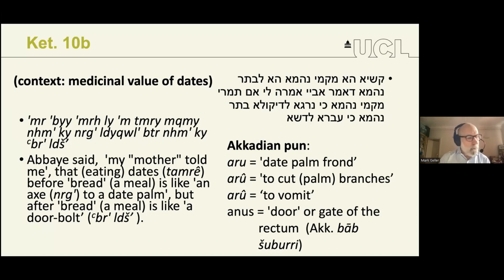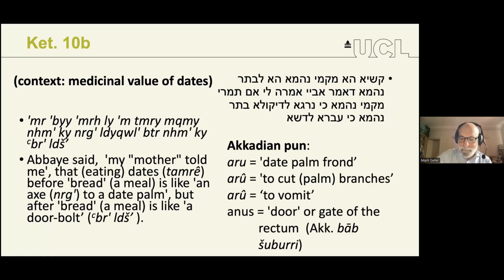And finally, the word for vomiting, aru, which explains why one shouldn't eat dates on an empty stomach, because he'll get nauseous. After the meal, however, the danger is constipation, since the door bolt is an allusion to the Akkadian expression bab shuburi, the door of the rectum, which causes constipation when shut, as we know from Akkadian recipes.